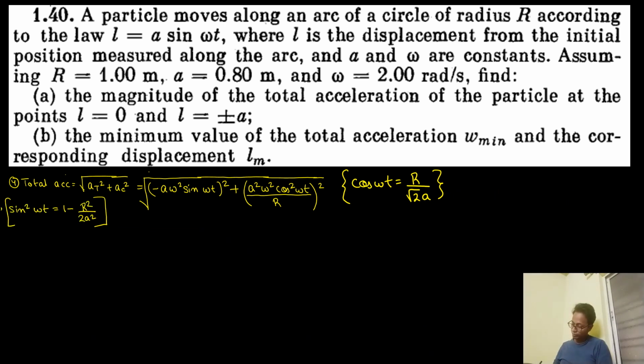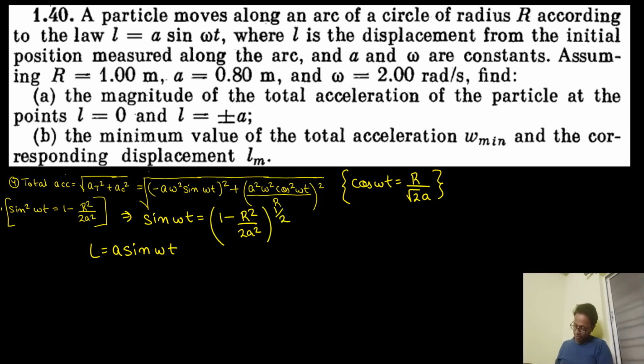And the next part of the question was the corresponding displacement L at minimum acceleration. So L is equal to A sine omega t, and at minimum acceleration the value of sine square omega t is nothing but 1 minus r square by 2a square, or sine omega t is nothing but 1 minus r square by 2a square to the power 1 by 2.